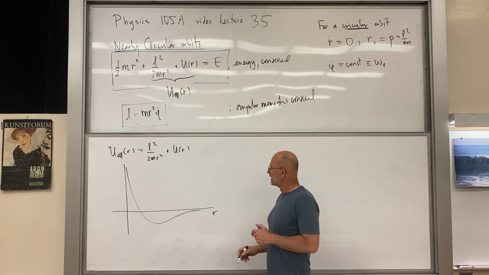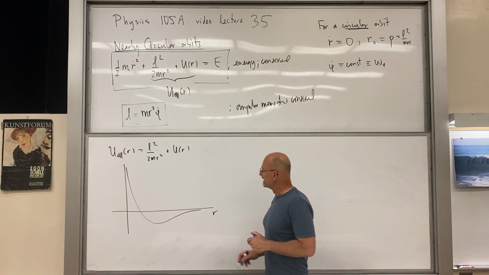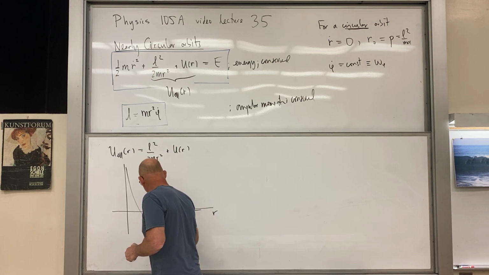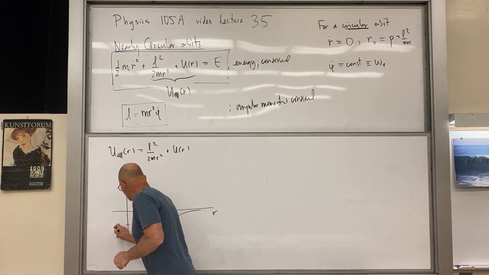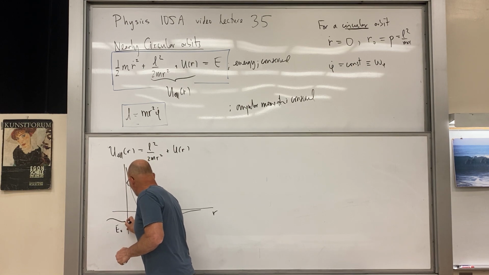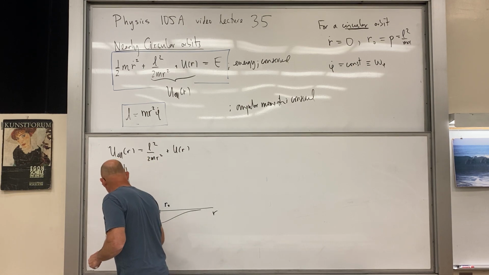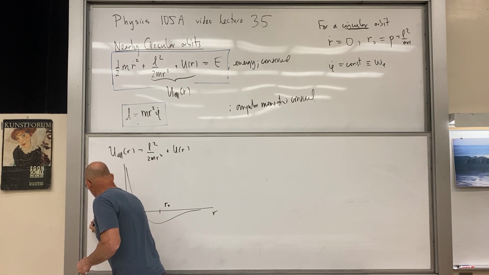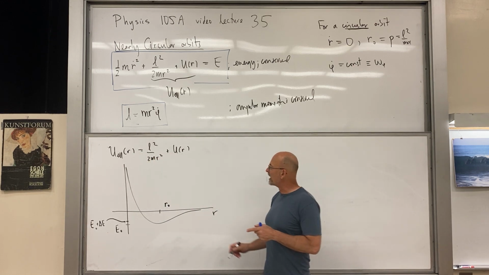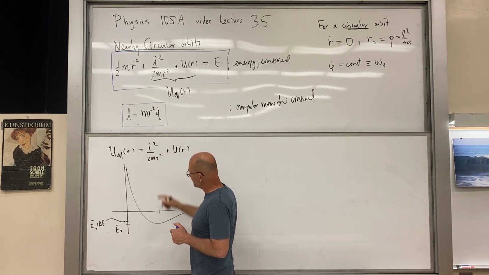Here's our circular orbit. This is the picture I ended with in the last lecture. Circular orbit, E sub 0. Now what we want to do is change the energy to E sub 0 plus delta E. So we want to change the energy, but not change the angular momentum.